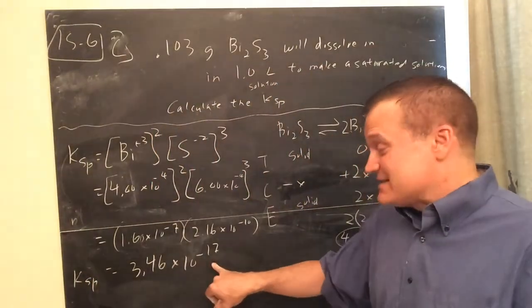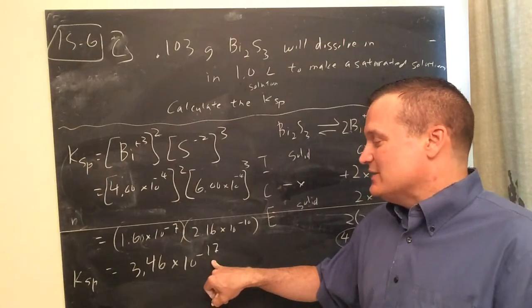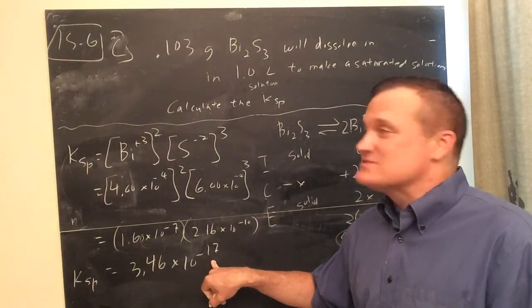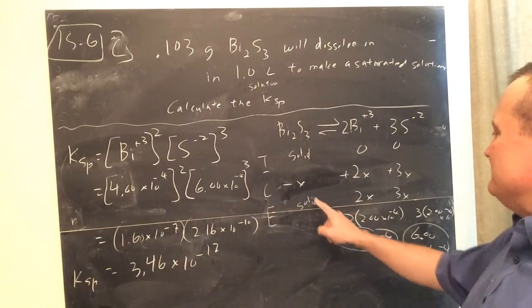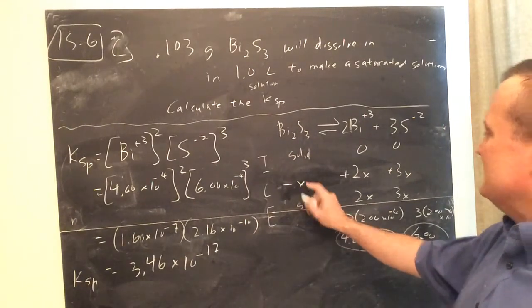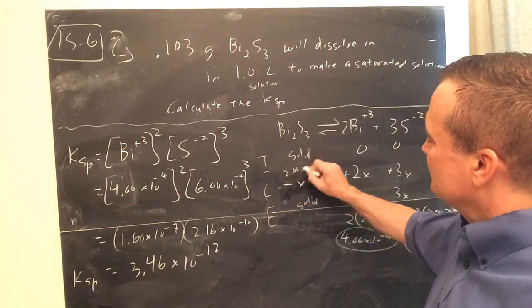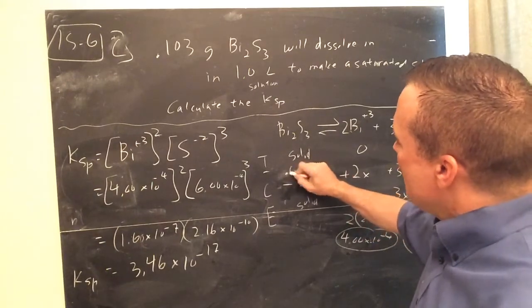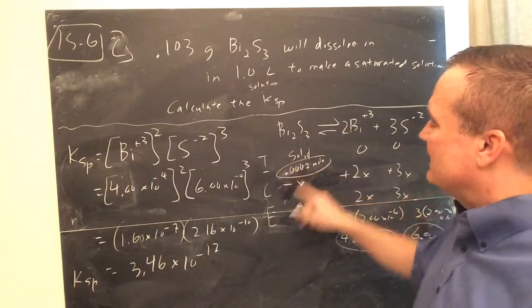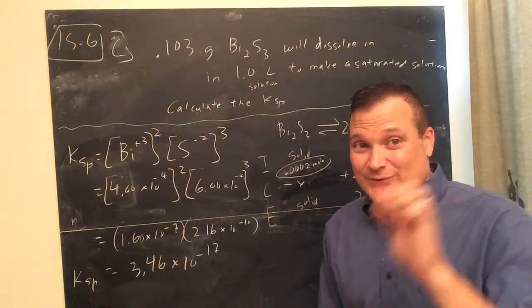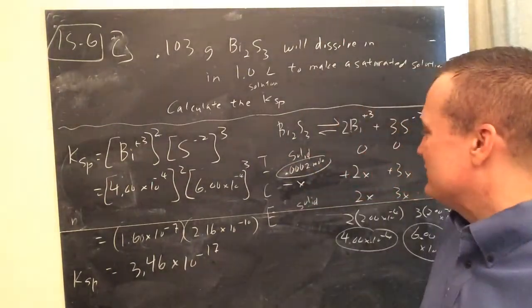And when you see a really small Ksp, that also tells you that not very much of that will dissolve in water. If only 2 times 10 to the negative 4 is x, that means 0.0002 moles of this dissolve in a liter. That is a really, really small amount of material, okay?